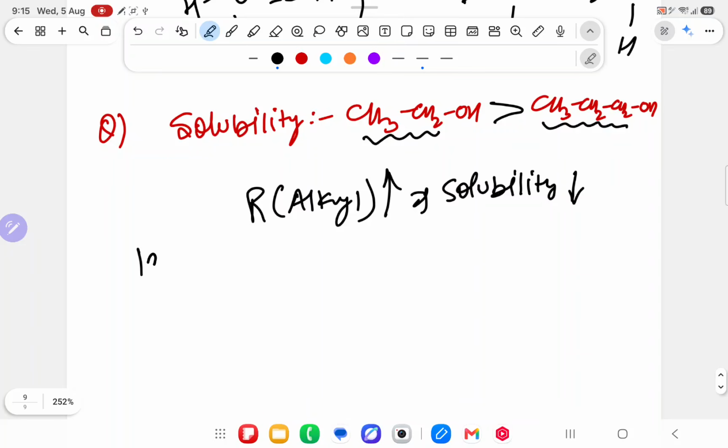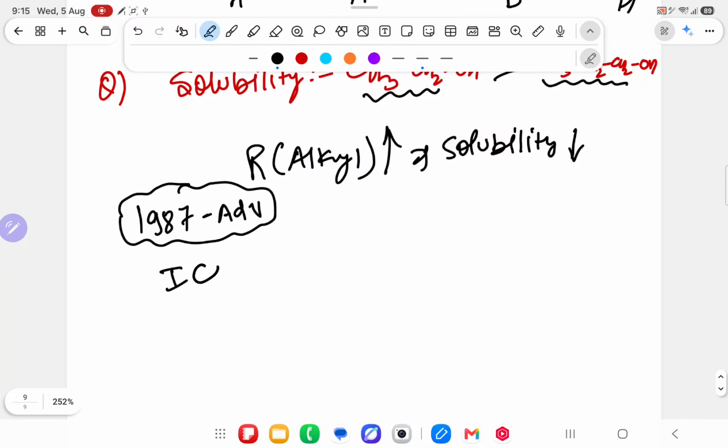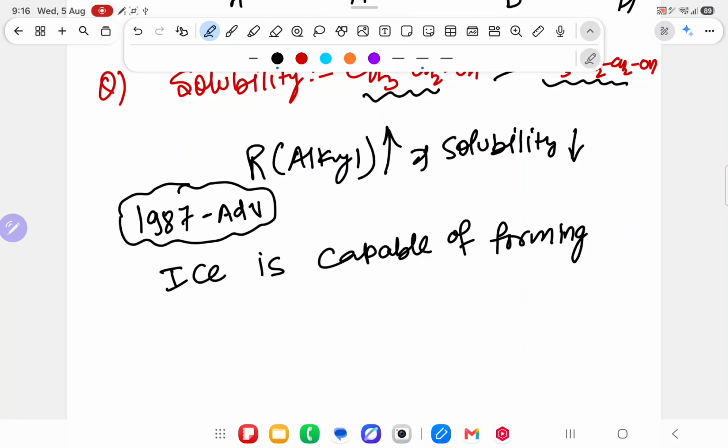Last part: in 1987 Advanced they asked this question, so I am writing it here, but it is not that important. Ice is capable of forming clathrates. This is direct learning. Clathrates are formed with helium and neon.